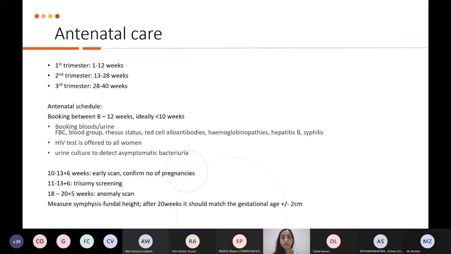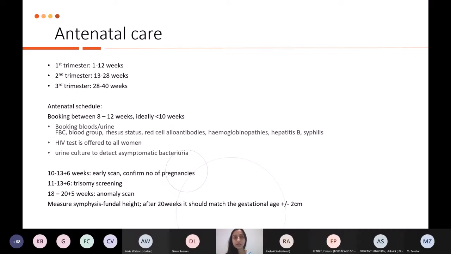Usually women would book around 8 to 12 weeks, ideally under 10, and within that booking period you would expect they would get some bloods done: an FBC, a group and save so we get their rhesus status, things about haemoglobinopathy like thalassaemia, and then infectious things like hepatitis B, syphilis and HIV. All women get offered a urine culture as well to look for asymptomatic bacteriuria.